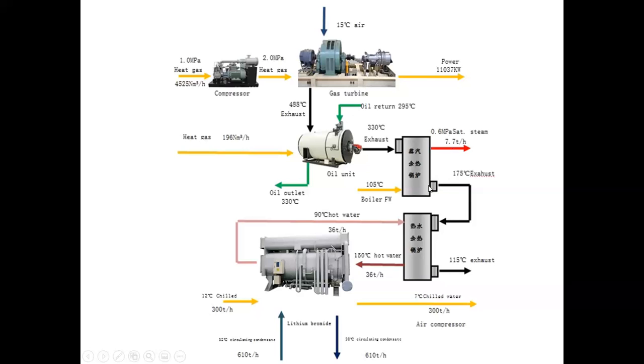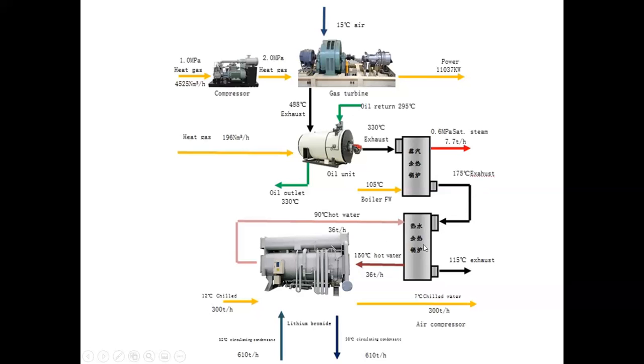But guess what? We're not done yet. We've got 175 degree exhaust here. And you know what? This is an absorption chiller. This is a chiller that runs on heat that provides chilled water for air conditioning or process cooling. Well, why don't we see if we can run this chiller with this exhaust gas?